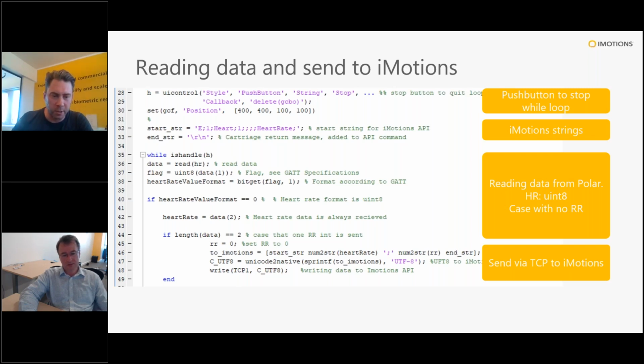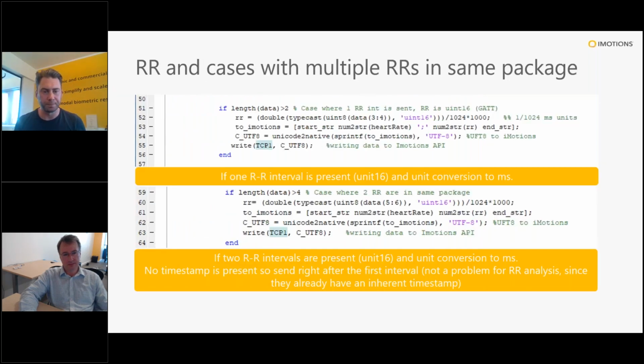And then really down here in lines 44, 45, and so on, this is a case where I'm not receiving any R intervals. I'm just receiving the heart rate. So I'm creating an entire string, like a text message, that's my message to iMotions, and then I'm turning that into a native ordering, and then I'm writing that to the TCP port, and that's really what it's about. If you go to the next slide, Ole, please.